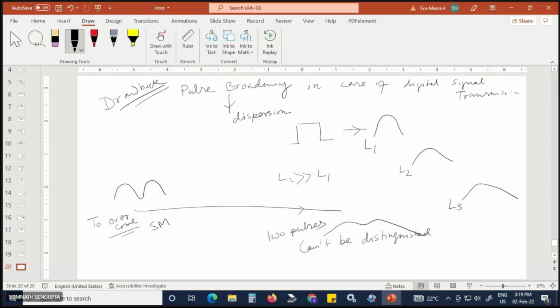This occurs generally in multi-mode fiber, mainly because many modes propagate. In single mode fiber, only one mode propagates.